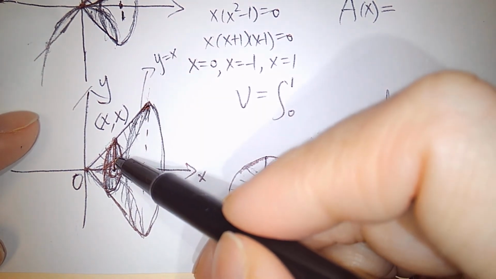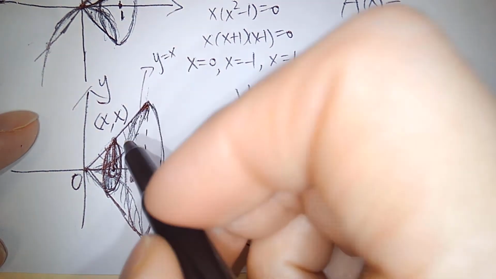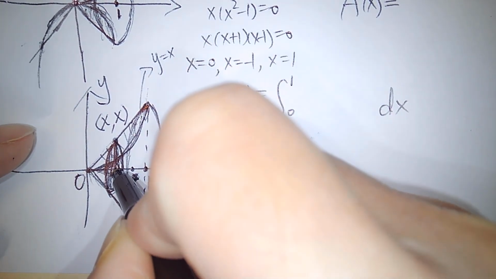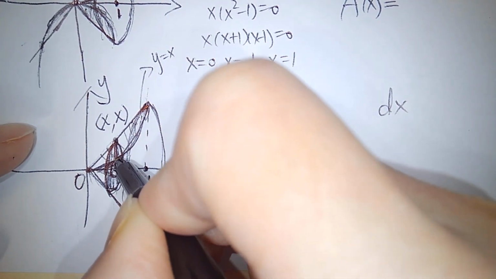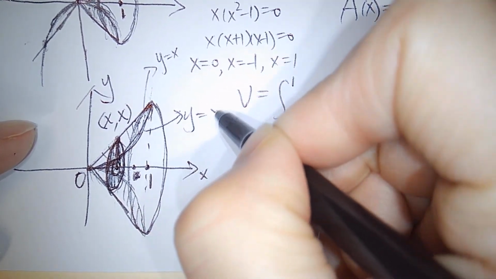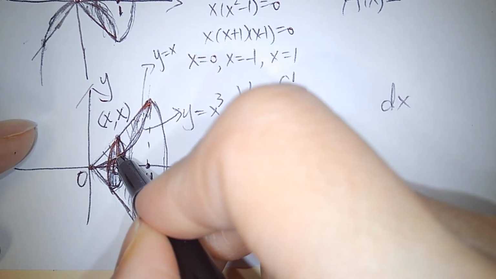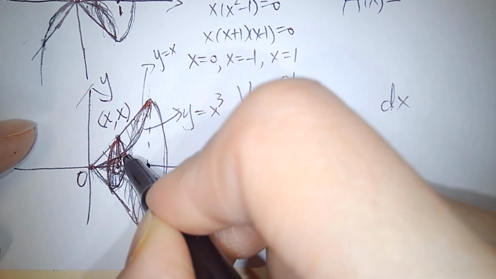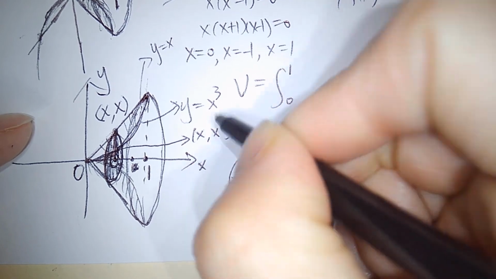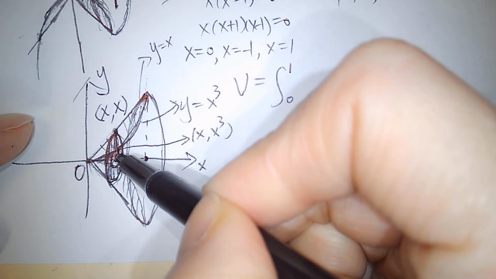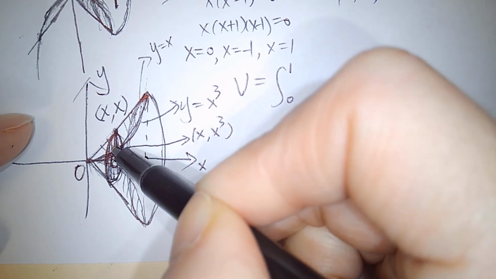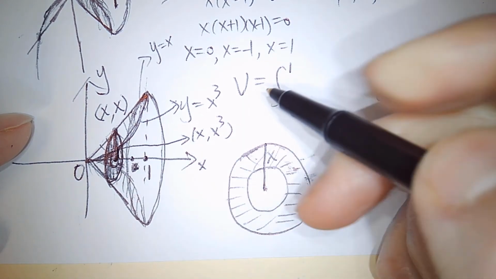How do you find the inner radius here? It's hard to see. When x equals x, y equals what? Yes. So this point has coordinate x to the cube. So the radius of this inner circle is x to the cube.